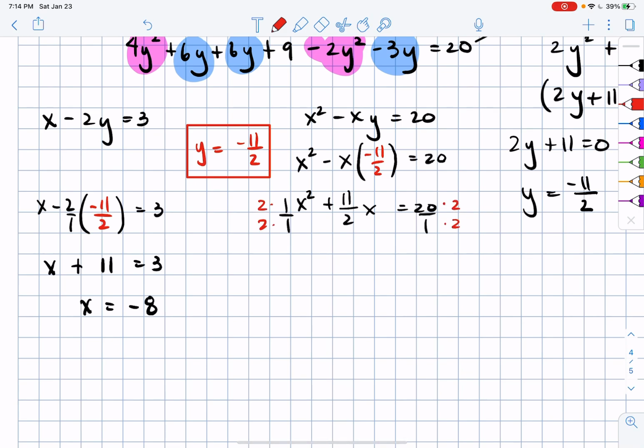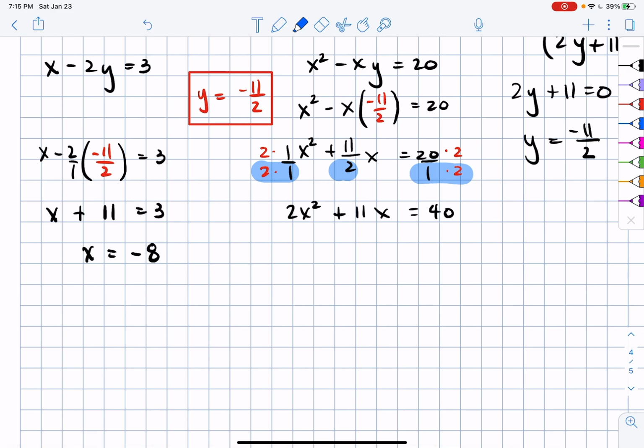So what I'm going to actually have is 2x squared plus 11x is equal to 40. Because since all the bottoms are the same, that means the top has to be the same. So 2 times 1 times x squared is 2x squared, 11x, and 20 times 2 is 40, okay?